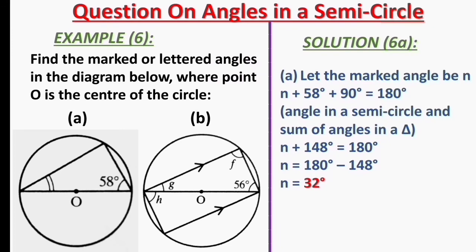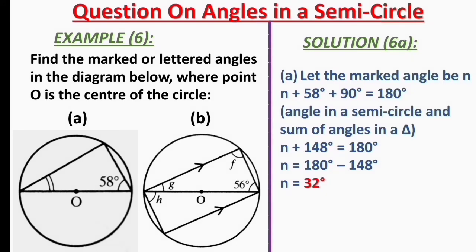From the diagram, there's a marked angle in the triangle. Let the marked angle be angle N. So the marked angle N plus 58 degrees plus 90 degrees should make a total of 180 degrees. This being the angle in a semicircle, which is 90 degrees, and also the sum of angles in a triangle, which should sum up to 180 degrees.